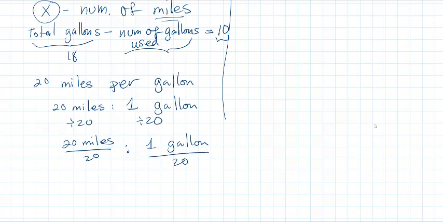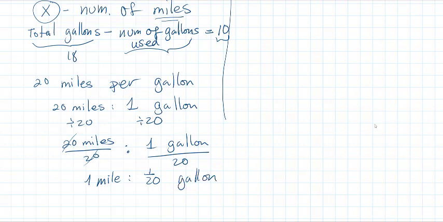Now on this left-hand side, the 20 in the denominator and the multiplying 20 cancel, right? And we get 1 mile on this side. 1 mile per 1 over 20, okay, or 1/20th of a gallon.